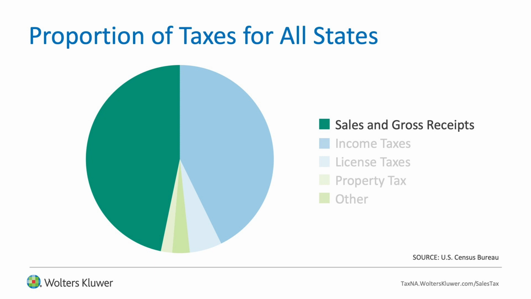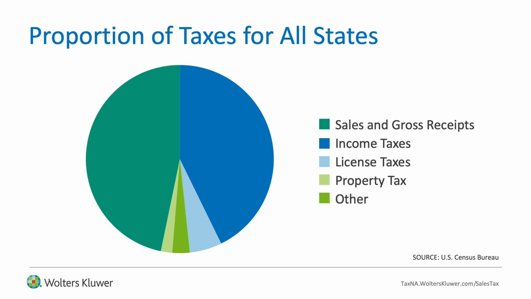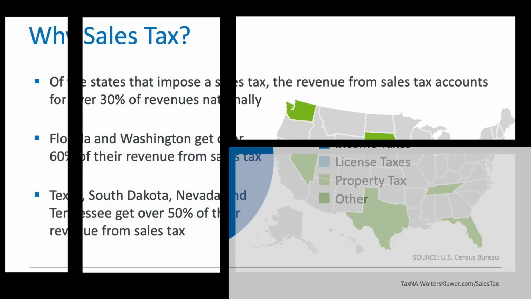That's pretty impressive. A lot of the revenue that the states get comes from their sales and gross receipts taxes. It's the largest proportion of tax revenue for the states in the U.S. So it's easy to see why the state sales and use taxes are the important source of revenue for the states and why it's essential for them to collect that money from businesses out there.